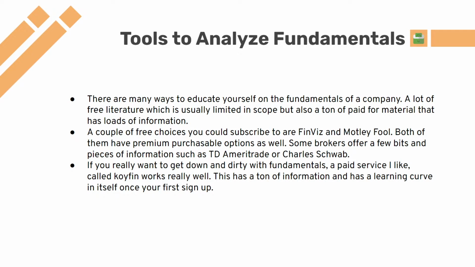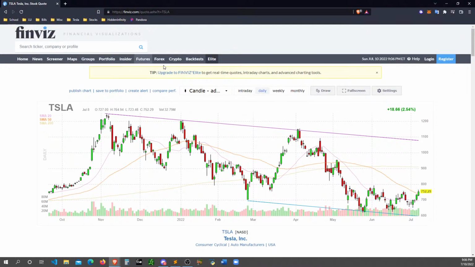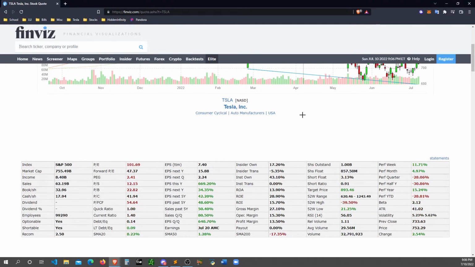So with FinViz, I've got Tesla up. When you pull up Tesla on FinViz, obviously it gives you the chart. You can look at intraday, daily, weekly, monthly. You can draw stuff or whatever. It's not bad for an analysis type of tool. And when it comes to fundamentals, it's got a bunch of good information down here.